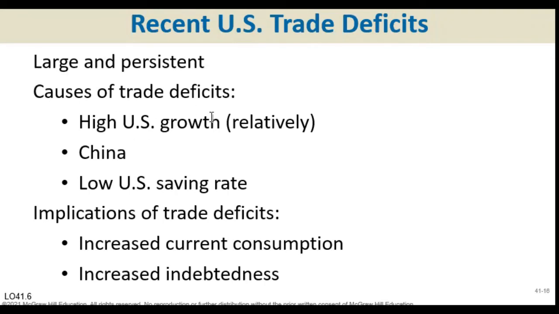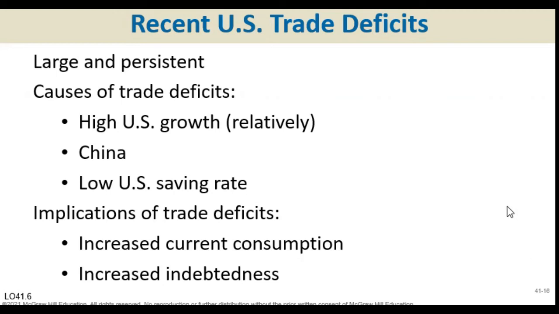In recent years, you can see that the United States has experienced a large trade deficit, right, reaching a record high deficit of $801 billion in 2006. And that amount is equal to 6% of US GDP.